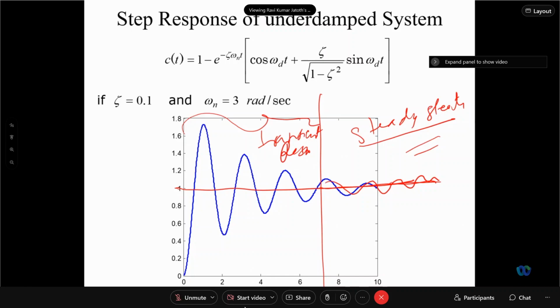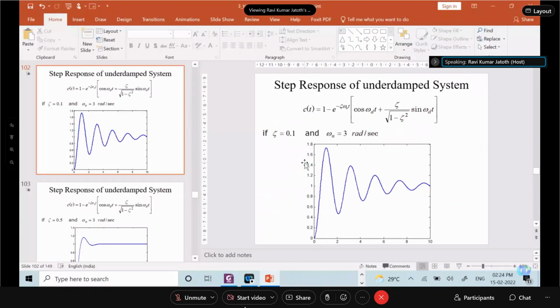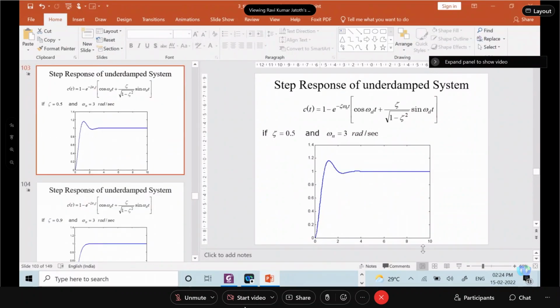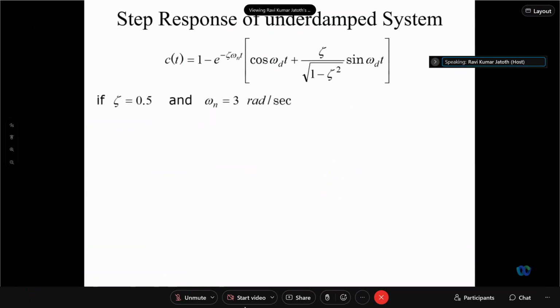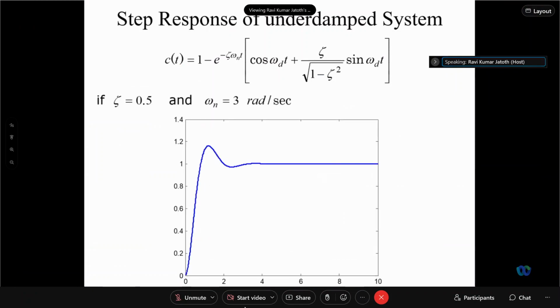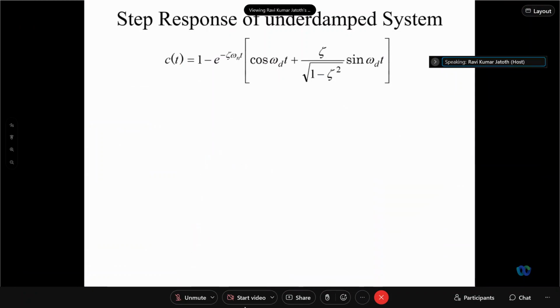Now if a system is of this kind, then we need to do characterization. So what do you mean by characterization? Here in the response, when zeta is 0.5 and omega n is 3, the system has a response like this.